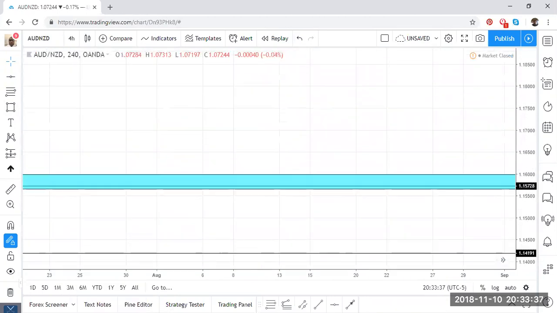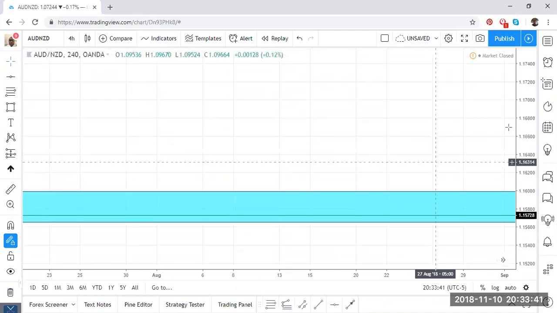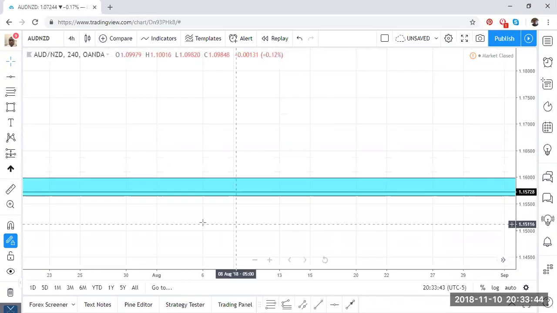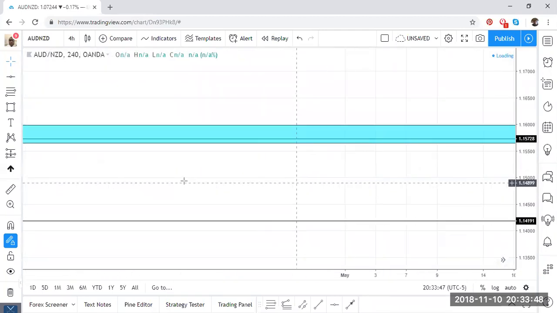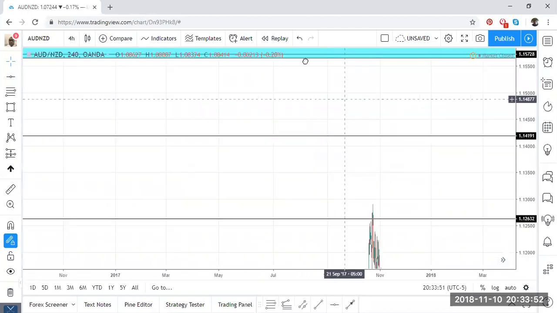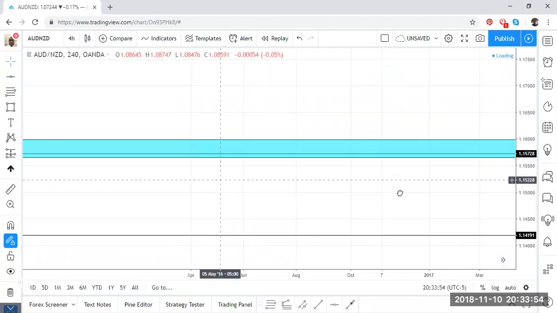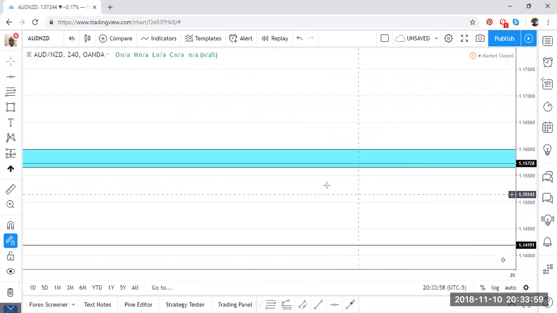I separate that by 50 pips, 20, 50 pips. That's a big area. You match it up compared to the candles, it is extremely big.